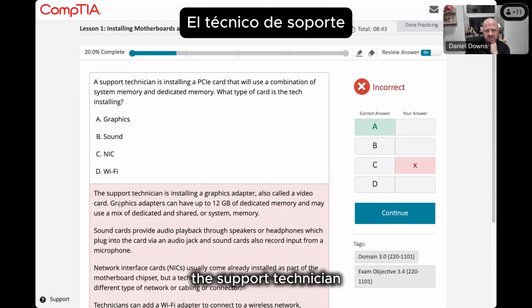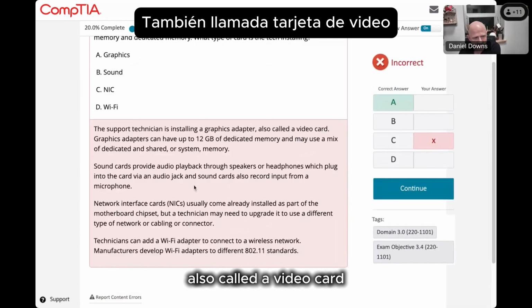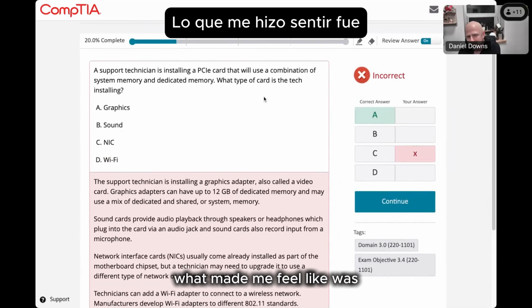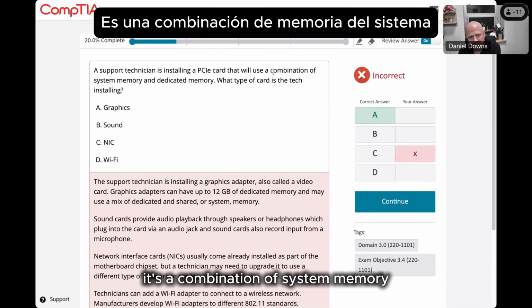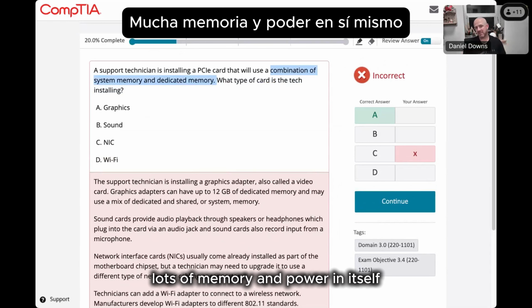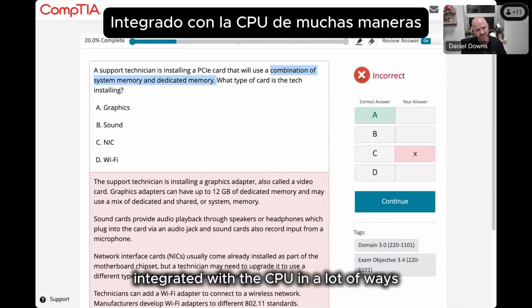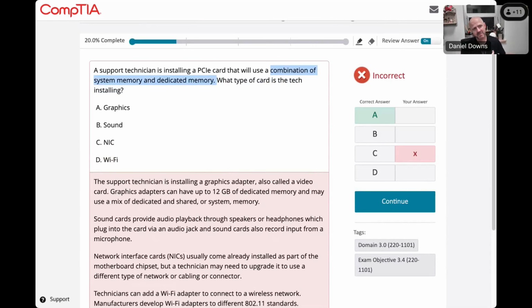The support technician is installing a graphics adapter, also called a video card. What made me feel like it was A was the combination of system memory and dedicated memory, because a graphics card needs lots of memory and power in itself to make graphics show up, but it also needs to be integrated with the CPU in a lot of ways because it's really helping it run graphics.